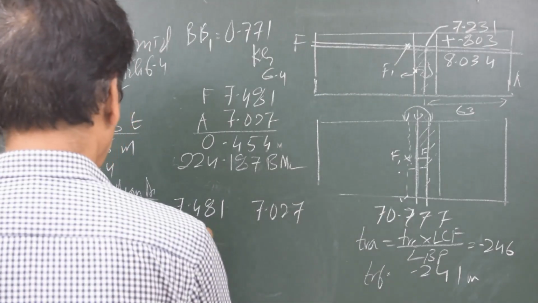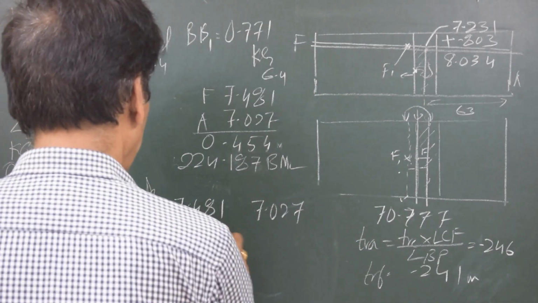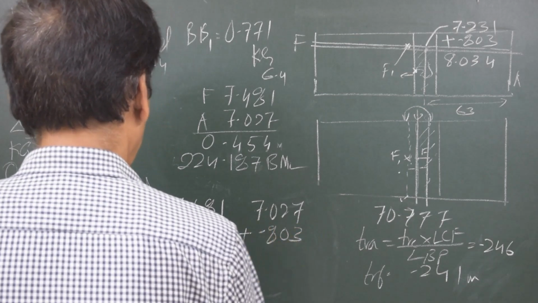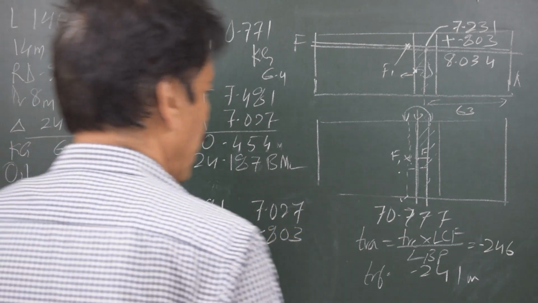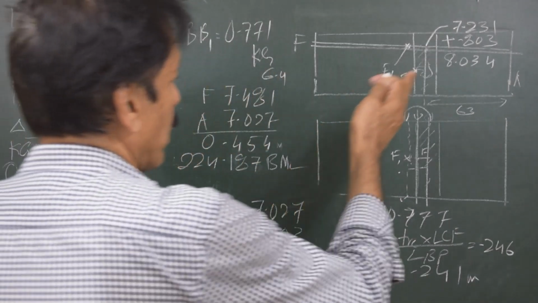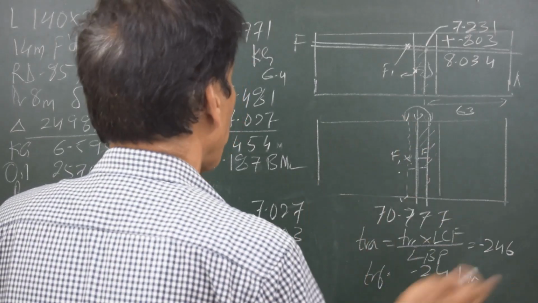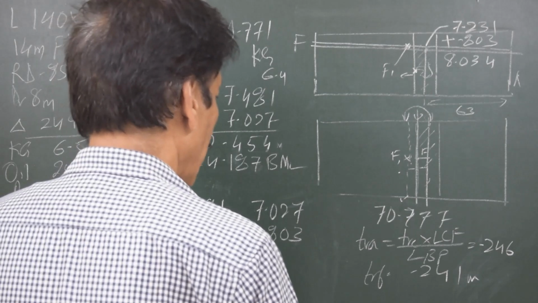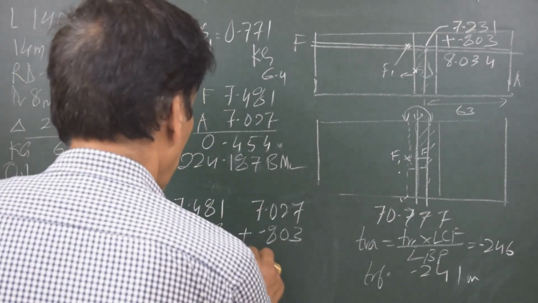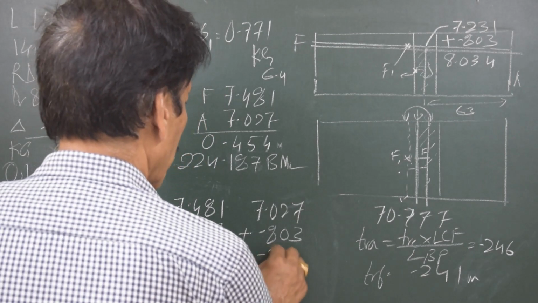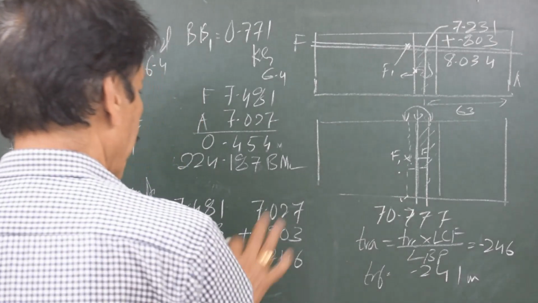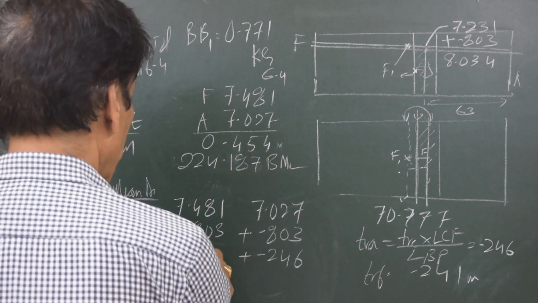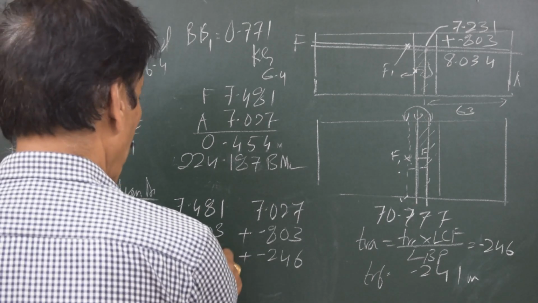There was a bodily sinkage of 0.803, and then as you can see, the damage is in the after part, and if the damage is in the after part, the TRA will be positive, so I will put plus 0.246, and if TRA is positive, TRF has to be negative, so it is minus 0.241.